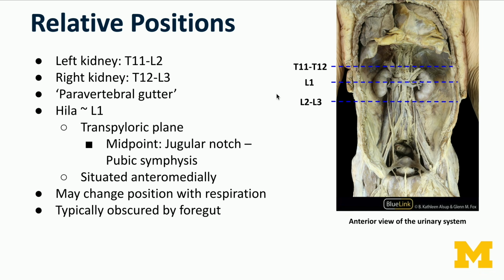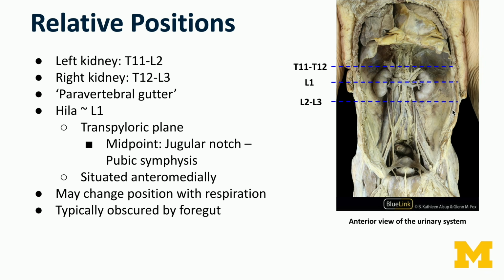We say that the kidneys are in the paravertebral gutter because the bodies of the vertebrae are sitting there and they're sitting lateral to it. There are these spaces that are kind of like scoops that we'll see better in an upcoming image. So they're in this paravertebral gutter, and their hila are situated anteromedially.